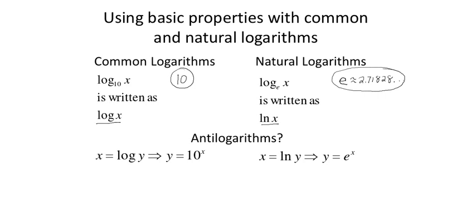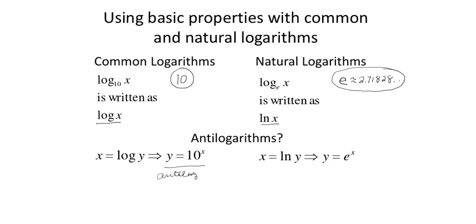Now they also use some language here, something called an antilogarithm. What is an antilogarithm? Well, if x is equal to the logarithm of y, then y is equal to 10 to the x. So 10 to the x is the antilog for the common logarithm.